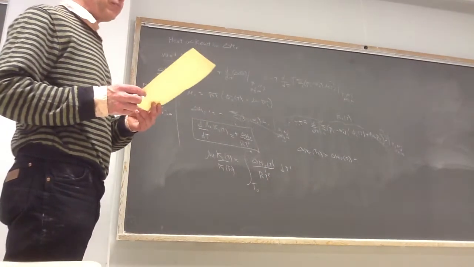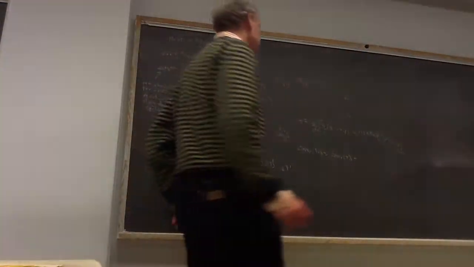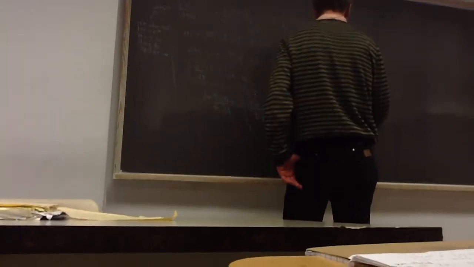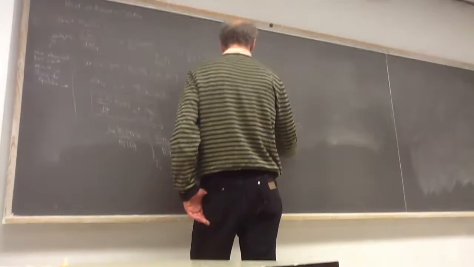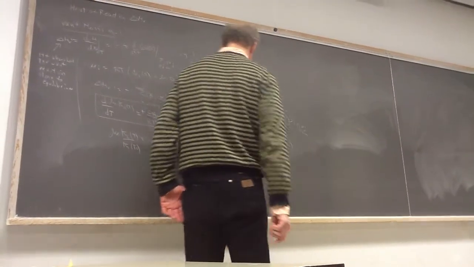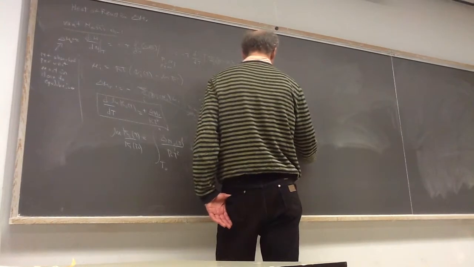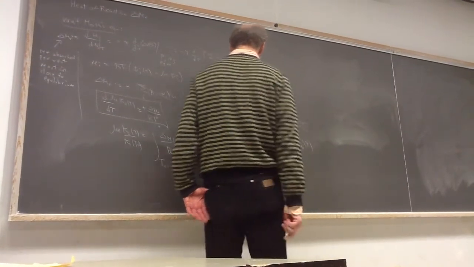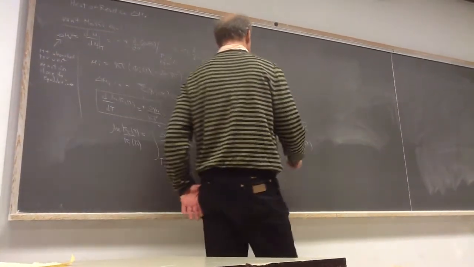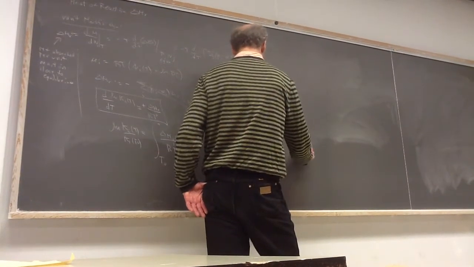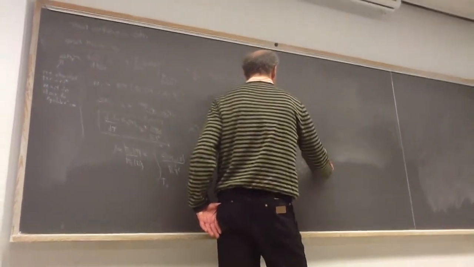So this is the sum of beta I minus alpha I, CPI of T, and I have to integrate this from T1 to T2 dT.